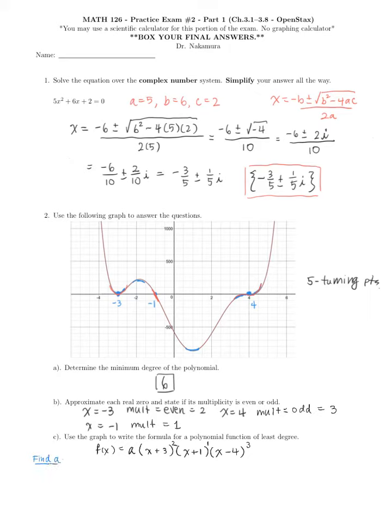Now, in order to do that, I know that this graph is a little bit drawn off to scale. What you need to do is determine at x equals 0, what is the corresponding y value? So I'm just going to approximate because I know that this does not go through exactly this point right here, but this point is approximately what? Negative 600.